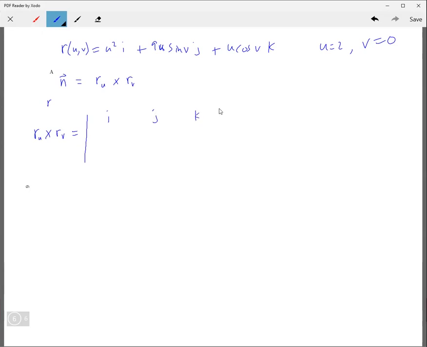That's what I need to calculate first. So let's see, what's r_u? Let's do it in red. You take the partial of everything with respect to u. This one will be 2u, and this is 9 sine v, and that one's cosine v, right?